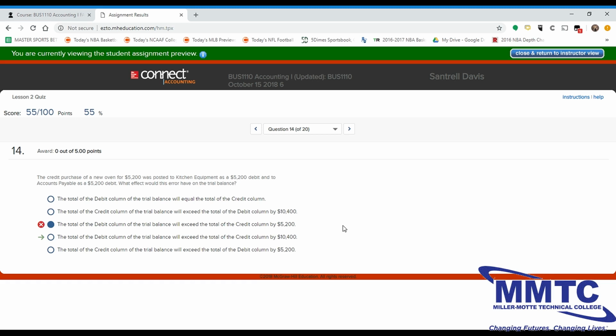So you see what they did wrong? Two debits, right? They can't have two of the same; they have one credit, one debit. Accounting has a principle called double entry. If you debit something, you have to credit another account.